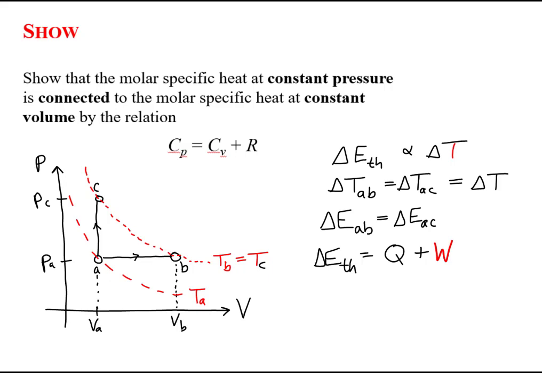So since we have two processes, let's look at the change of internal energy for the process taking us from A to B. This is going to be the heat exchange from A to B plus the work done by the environment on the system from A to B.